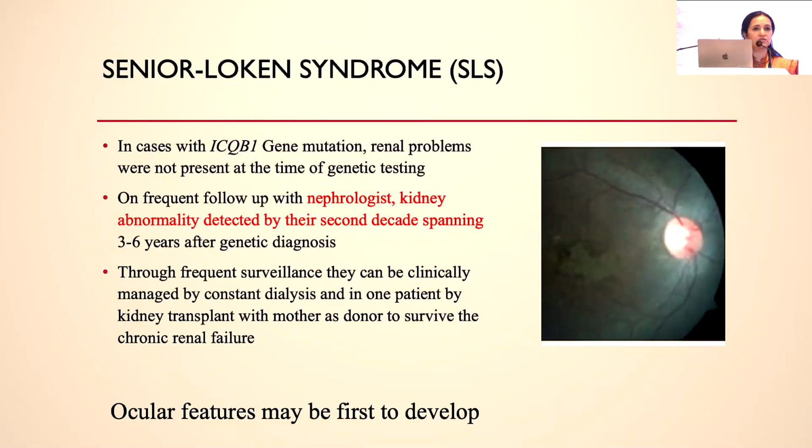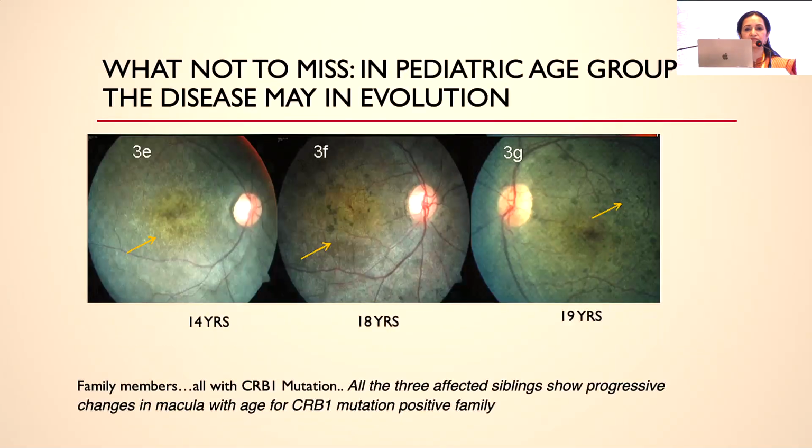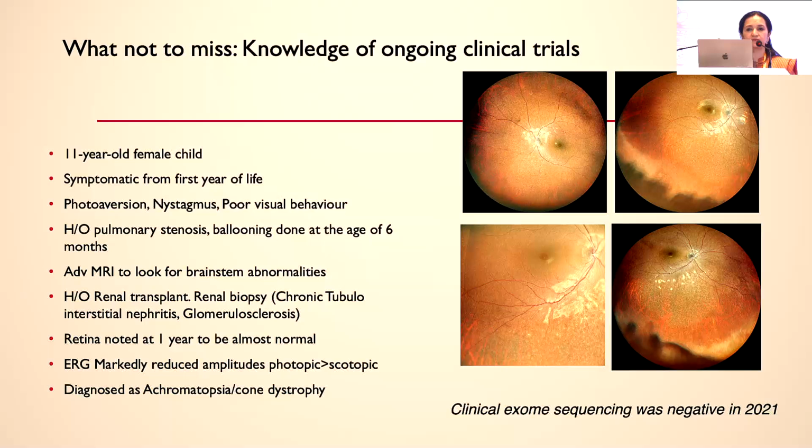As an ophthalmologist, you may be the first one to diagnose that the patient has cone dystrophy. But if you advise a physical examination or genetic testing, you may find Senior-Loken, where the children will have acute renal failure and may need a renal transplant in the first decade of life. It is a disease in progression in children, so you have to interpret it very carefully.